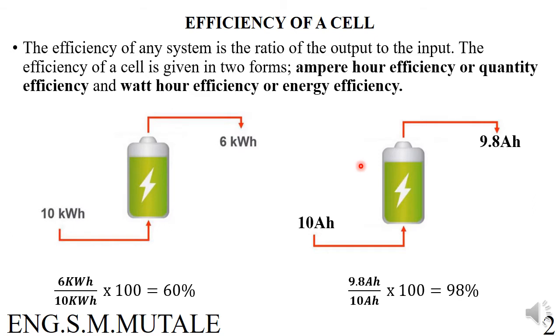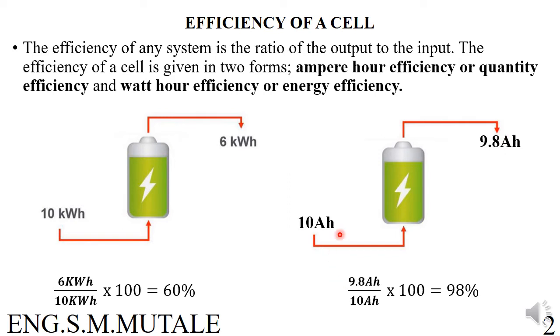Then the other type of efficiency is the ampere hour efficiency. With it, you calculate the time during charge and the current you are using. And on discharge, you calculate the time taken during discharge and the current you discharged.